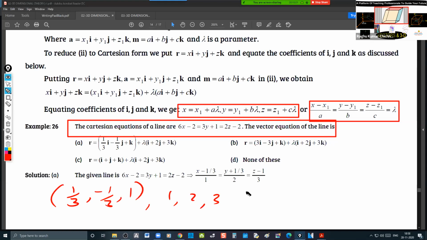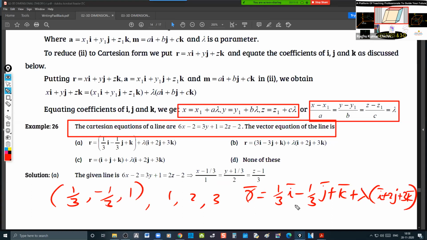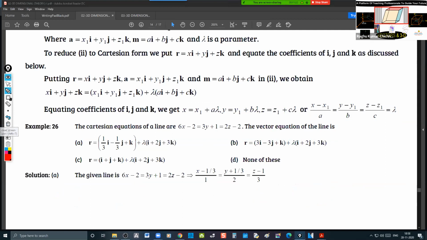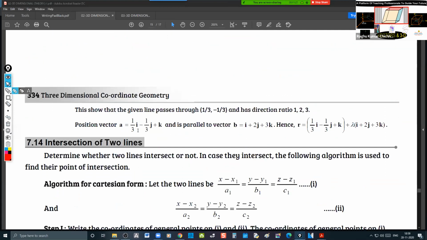Thereby you can write the equation of the line in the vector form as R bar is equal to A bar, meaning 1 by 3 I bar minus 1 by 3 J bar plus K bar, plus lambda into the DRs. DRs are I plus 2J plus 3K. That's it. This is how we convert the Cartesian form to vector form. This we have discussed in the previous class also, the same problem, but maybe the question is different.